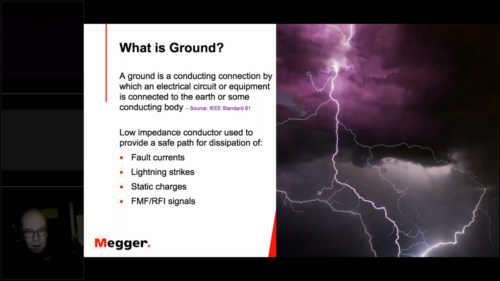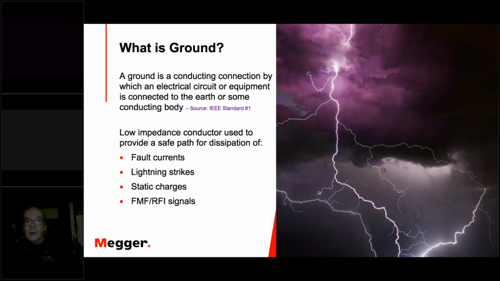Basically we're talking about grounding, which is establishing an electrical contact between your system and the earth in general. And these are the principal issues that you're dealing with in an adequate grounding system. Of course, depending on where you are, people tend to think of lightning strikes first, because that's the most dramatic expression of where you need a good ground to clear a lightning strike out of your facility.